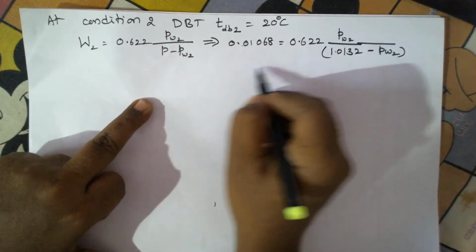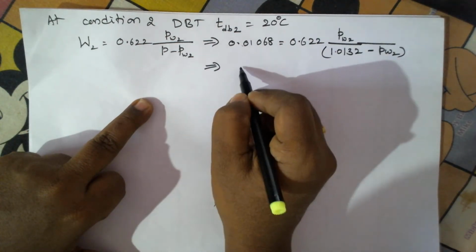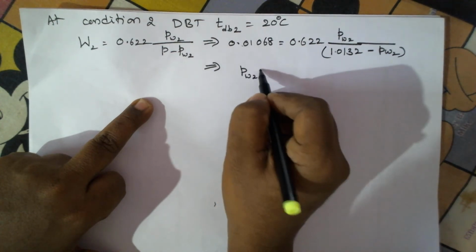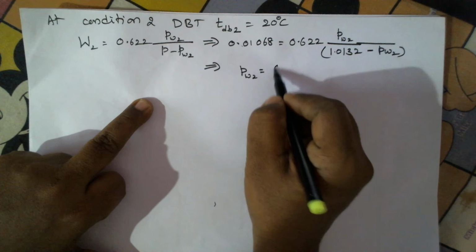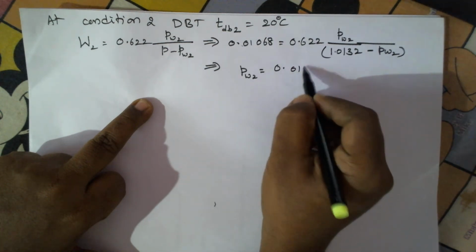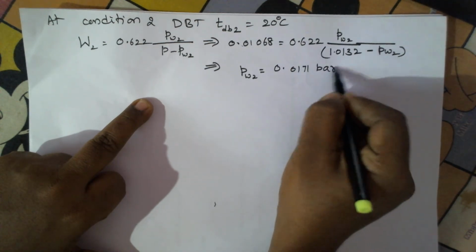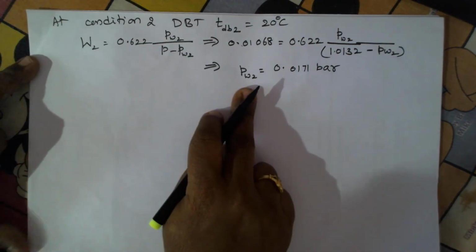From this expression, we will get the value of PW2, which is 0.0171 bar. Okay, PW2 we have obtained, right?